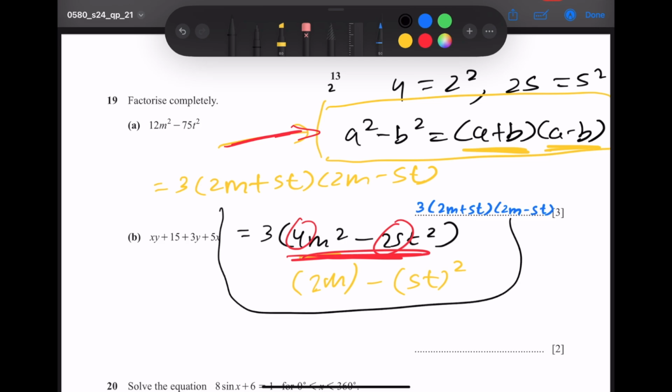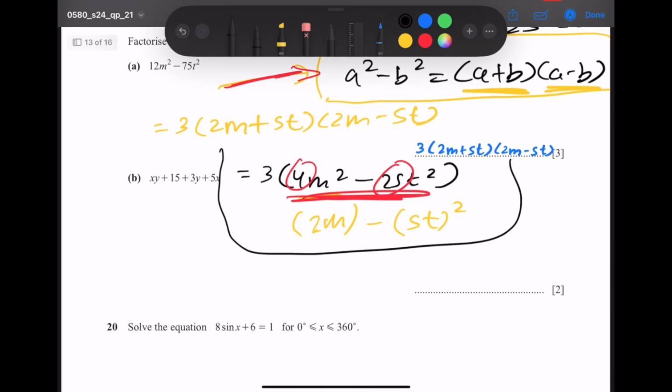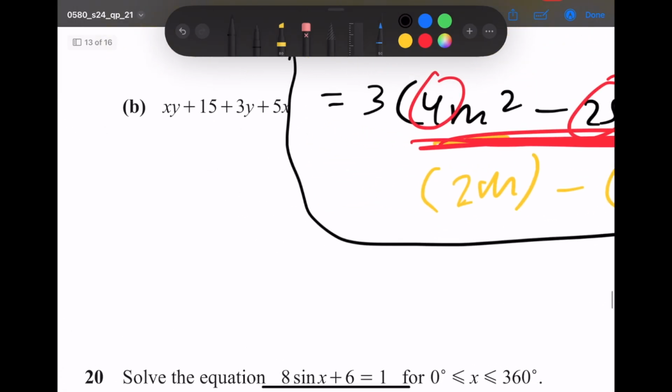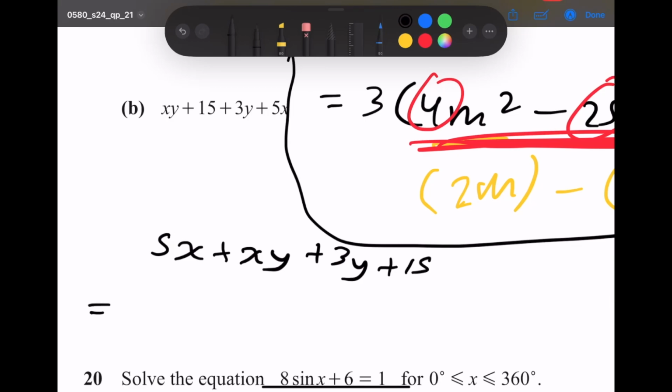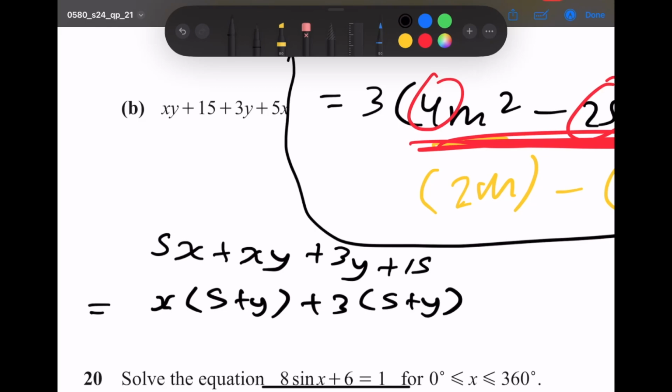Now for the b part, xy plus 15 plus 3y minus 5x. So if we put all the x terms, if we rewrite it as 5x plus xy plus 3y plus 15. So we can rewrite this equation as x times 5 plus y plus 3 times 5 plus y.